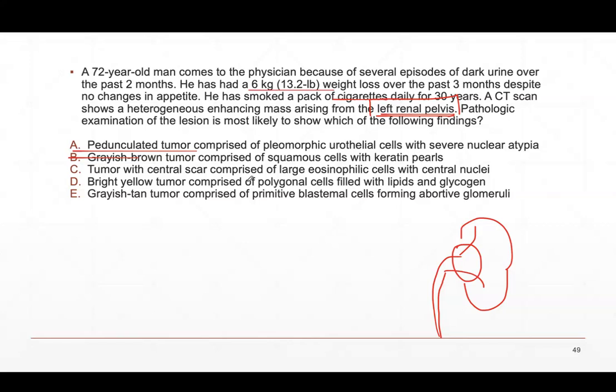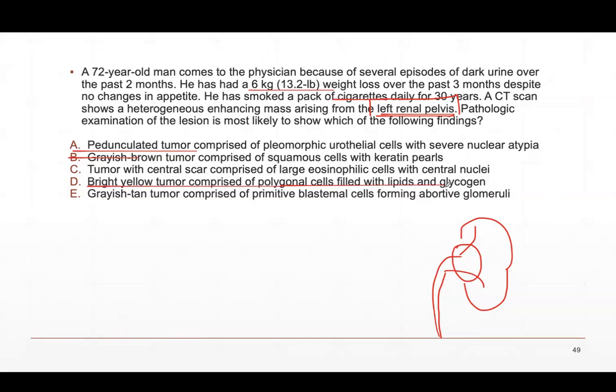Okay? That's what you need to know about oncocytoma. So when I tell you central scar, this is not transitional cell, this is not renal cell carcinoma, this is oncocytoma. And then it usually doesn't happen in any particular demographic, basically.